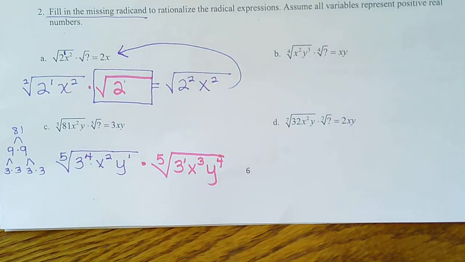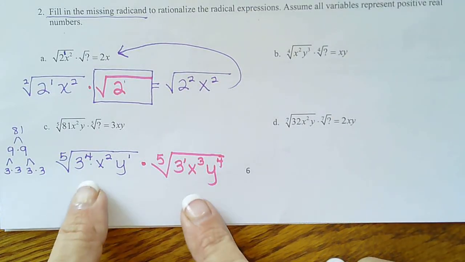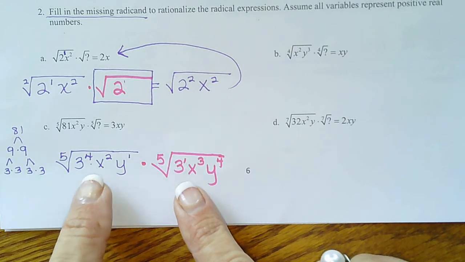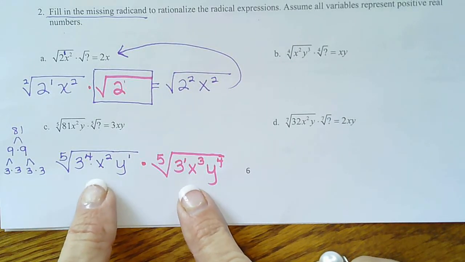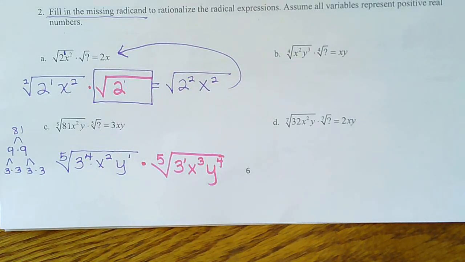Because our goal, remember what I said rationalizing the denominator means from above? Get rid of the radical. Well, this is how you get rid of the radical, by making perfect powers of 5. So let's see what we have now.